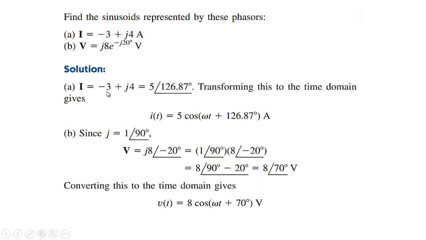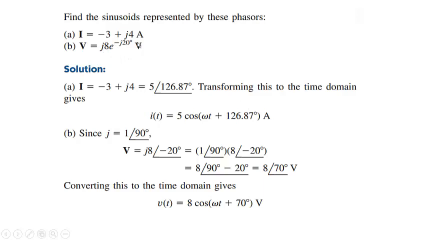How to get that? The 5 comes from the square root of the sum of squares, and the angle is tan inverse of 4 over minus 3. Since the real part is negative, you get 180 minus 53 degrees, which comes out to 126 degrees. Now transform this into the time domain: it is 5 cos(omega t + this angle).